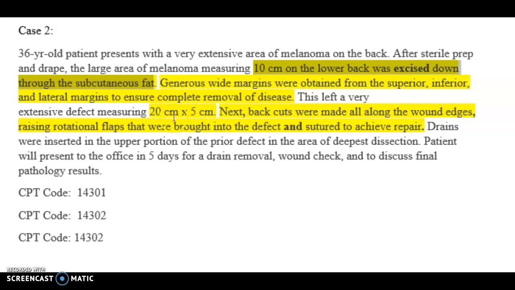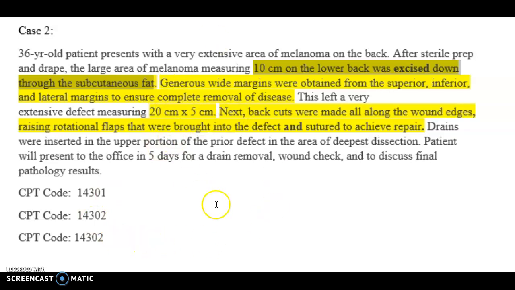So we would have our 1301, and then we would also have an additional 30 centimeters or part of for 14302, with an additional 14302 to cover the 100 square centimeters.